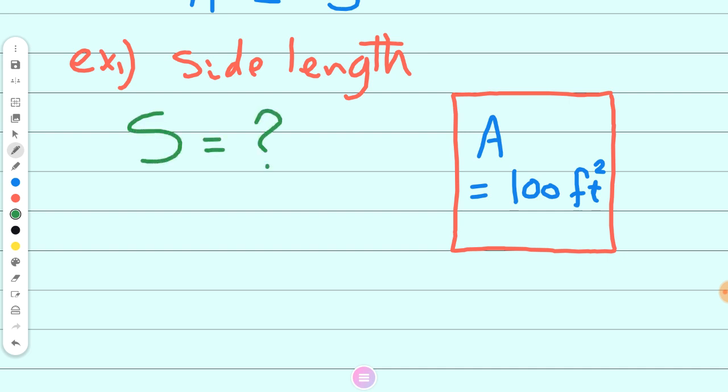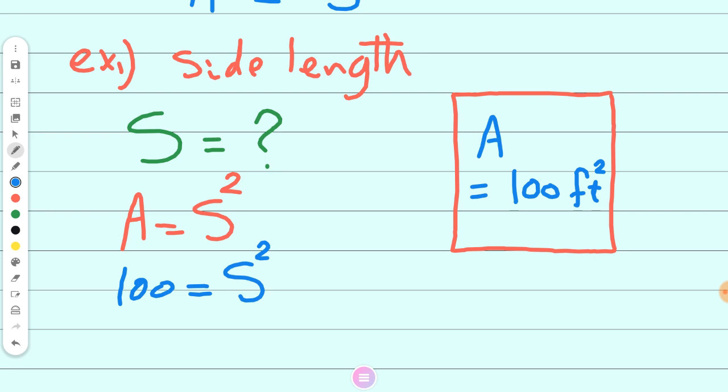From the rule of the area of a square, area equals side to the power 2. This is an equation now. I need the side length, but I have the area, so we substitute: instead of A, we put 100 equals S to the power 2.